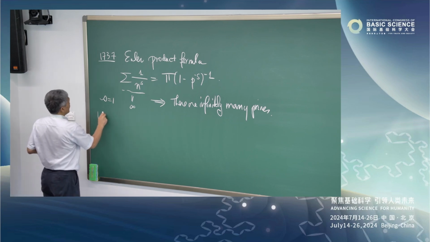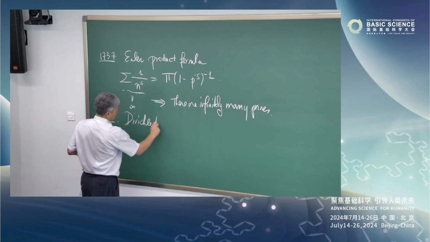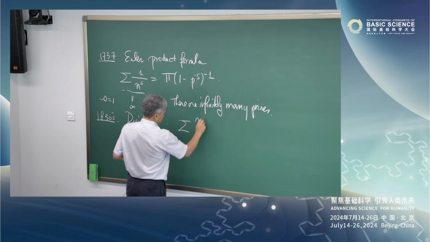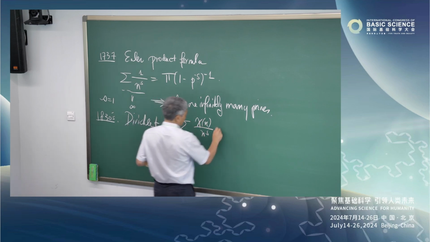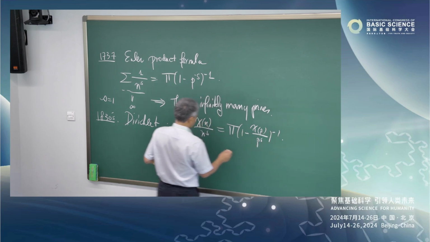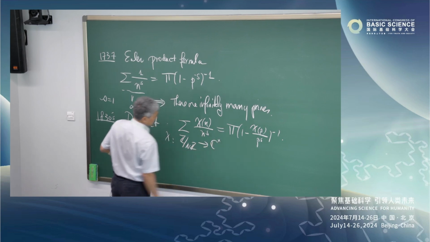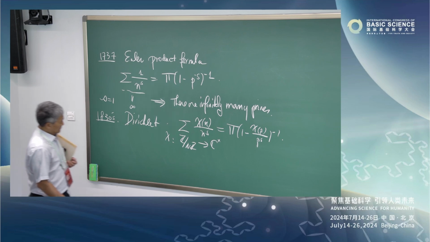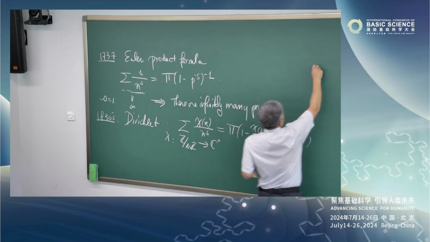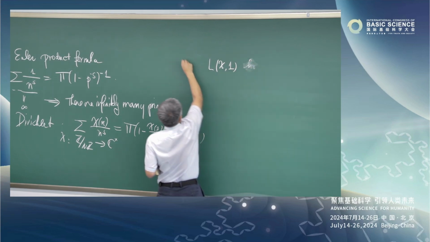A hundred years later, Dirichlet introduced the Dirichlet L-function, where chi is a character of (Z/nZ)*. It has a precise formula.